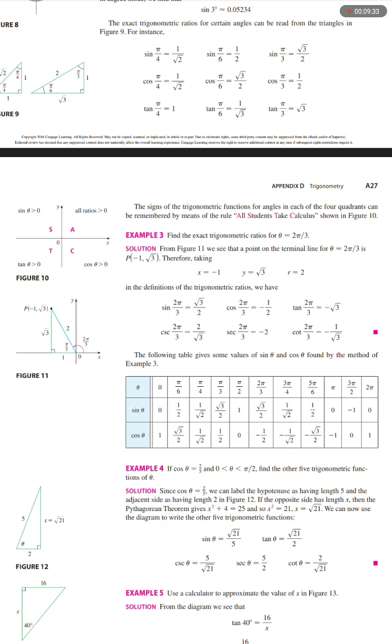Example 3. Find the exact trigonometric ratios for theta equals 2 pi over 3. Solution: from figure 11, we see that a point on the terminal line for theta equals 2 pi over 3 is P, (-1, square root of 3). Therefore, taking x equals -1, y equals square root of 3, r equals 2. In the definitions of the trigonometric ratios, we have sine of 2 pi over 3 equals the square root of 3 over 2.